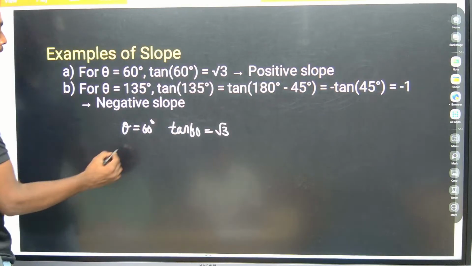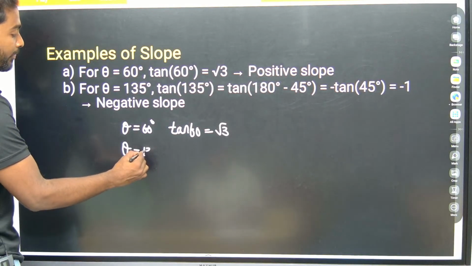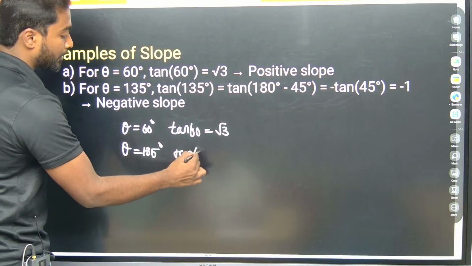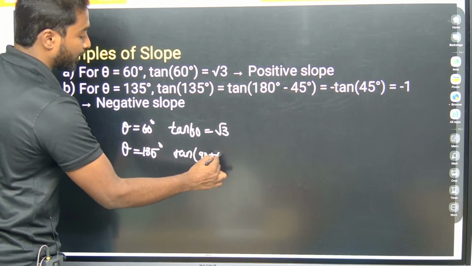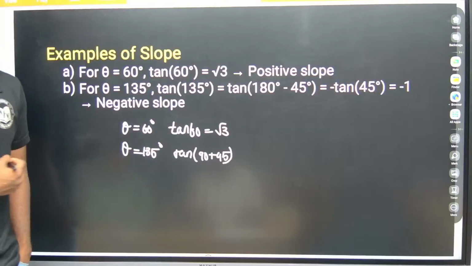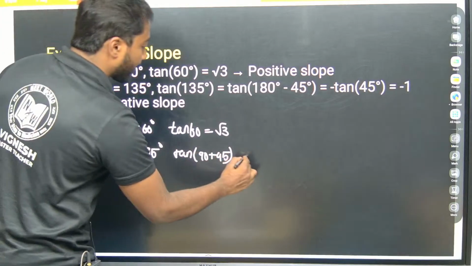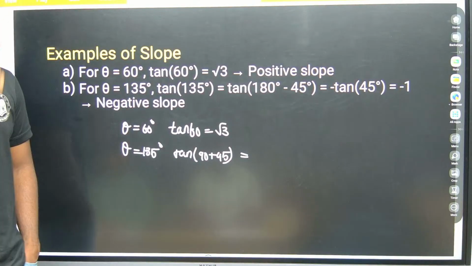Leave about that one. Now theta equals 135 degrees, which is nothing but tan of 90 plus 45. How can I write it as 90? In the sense of 90, tan should be converted to cot.